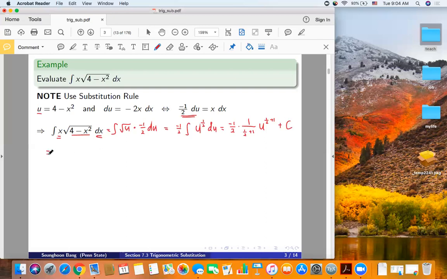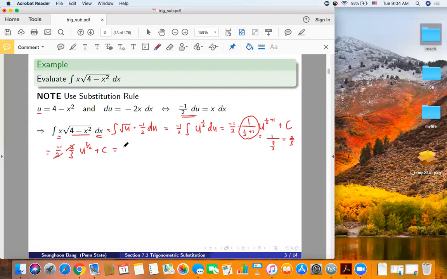To simplify, the minus 1 over 2 times, what's that? This part: 1 over 2 plus 1 is 3 over 2. You flip it, 2/3. So we have 2/3 u to the 3 over 2 plus c. Cross out 2.